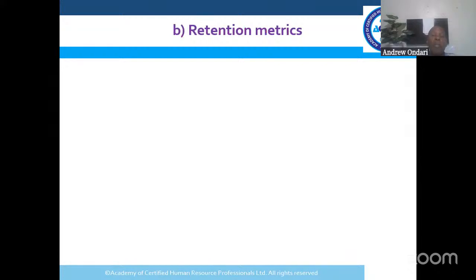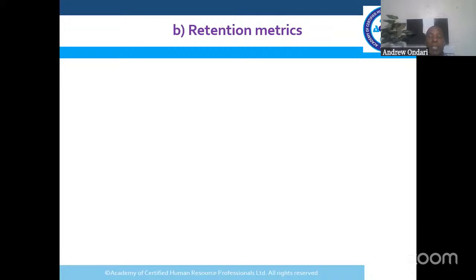How many have we retained? We all know that it is expensive to bring people on board, and it's also expensive to lose them. If we get the right people, either from the job market or from within, we should make efforts to retain them, because turnover is a cost.